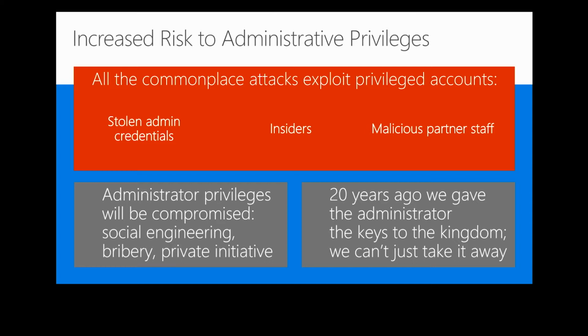Being able to ask somebody or send somebody an email with a link to a malicious website where they're prompted to enter their credentials. And then obviously partner staff. So you have contractors or partners that are working with your organization that have persistent access to roles and resources within your organization, and they're there forever.